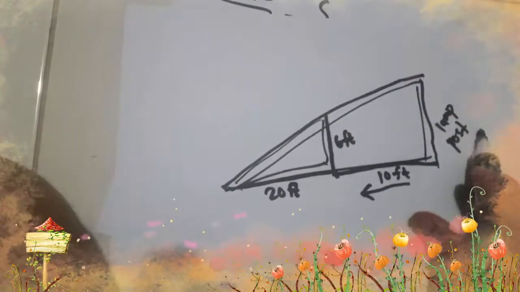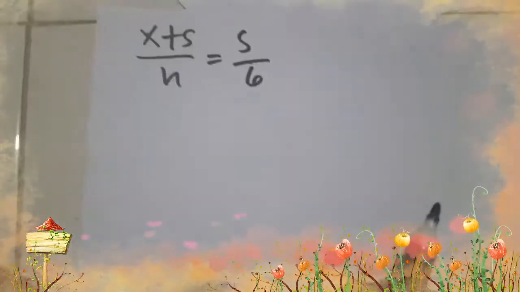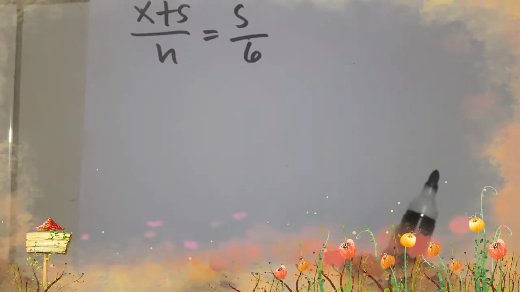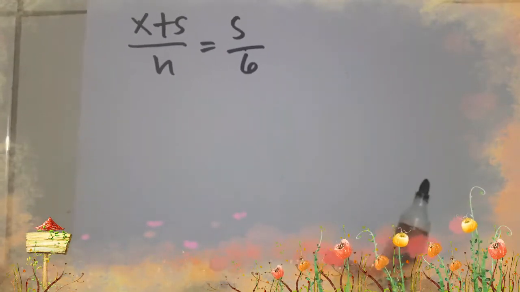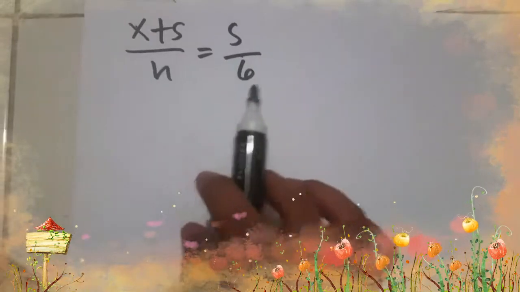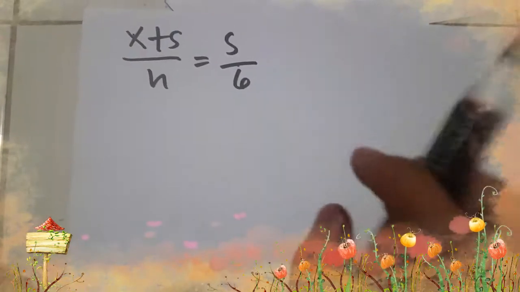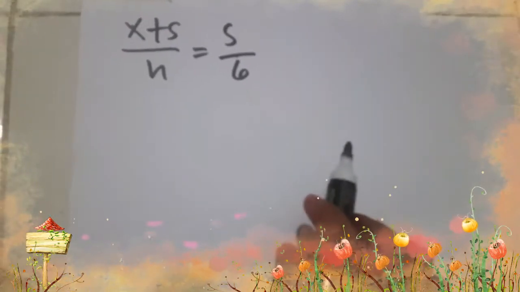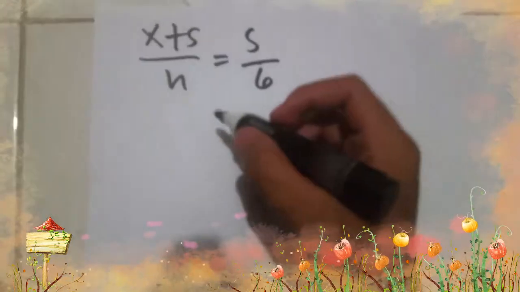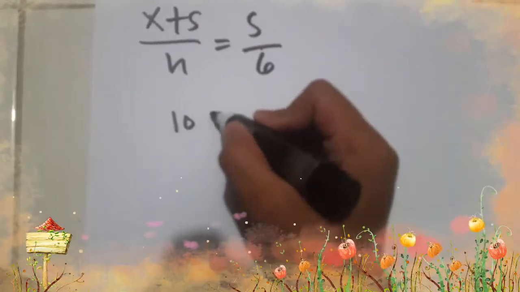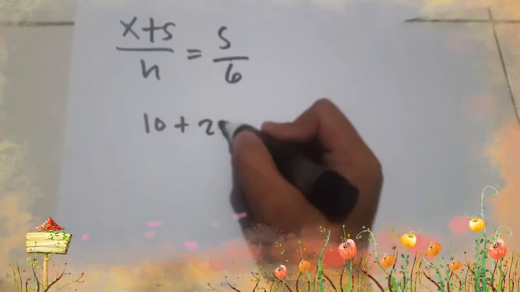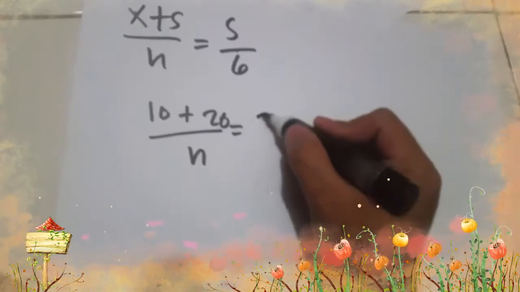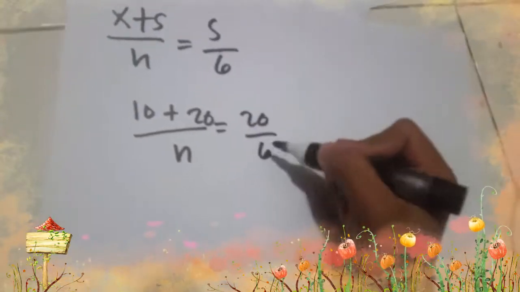So for continuation, since the height of the pole is a constant, we solve for h by using that x is equal to 10 and s is equal to 20. So we just need to substitute 10 and 20 to x and s in order to get h. So x equals 10 plus s equals 20, over h, is equal to 20 over 6.